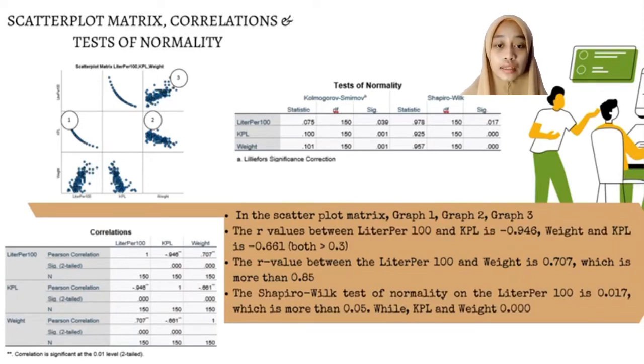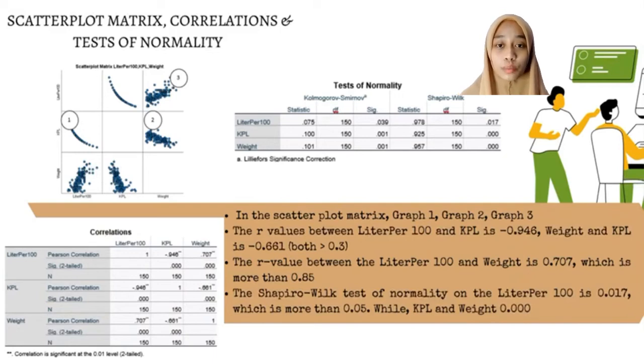For correlation, the value between liter per hundred and KPL is negative 0.946. Weight and KPL is negative 0.661, both greater than 0.3. Thus KPL is associated with both liter per hundred and weight.